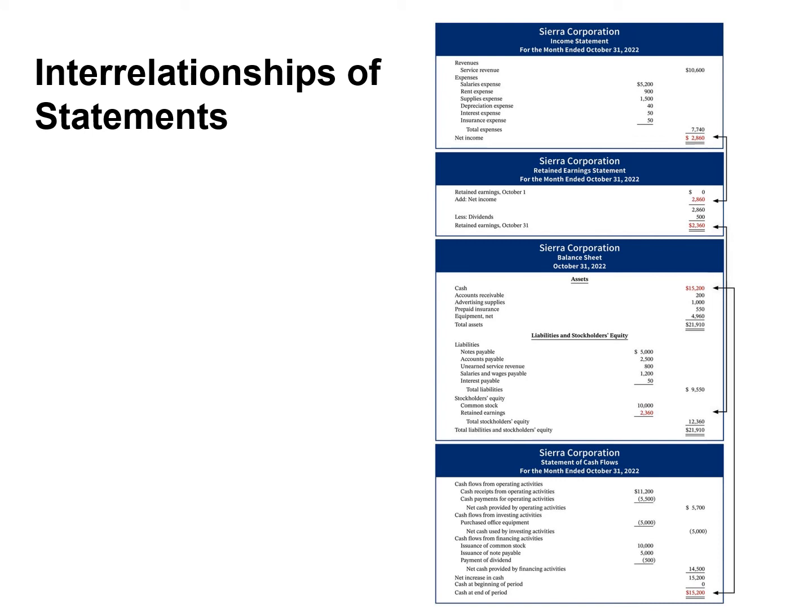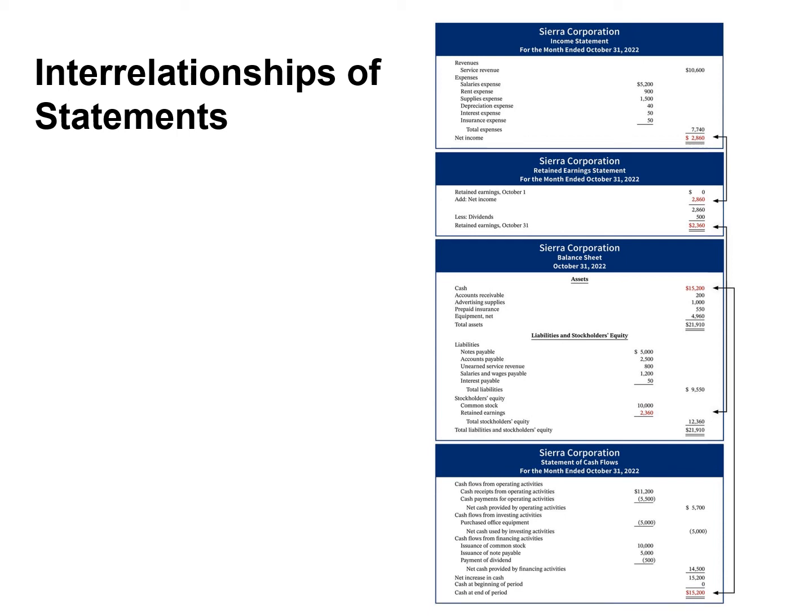Because the results on some financial statements become inputs to other statements, the statements are interrelated. The retained earnings statement uses the results of the income statement. Net income is added to the beginning amount of retained earnings to determine ending retained earnings. The balance sheet and retained earnings statement are also interrelated.